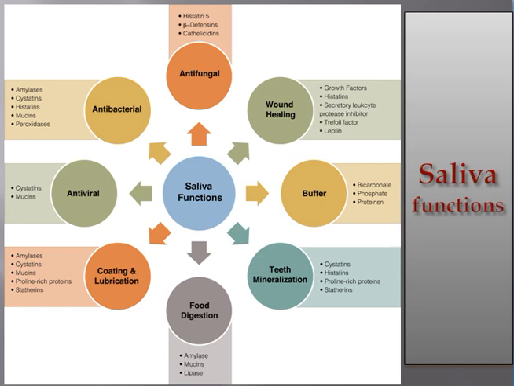You can stop this slide and see all the components. I won't stop on this and explain because that is physiology and normal anatomy of the body, but only a few words about the functions of the saliva.